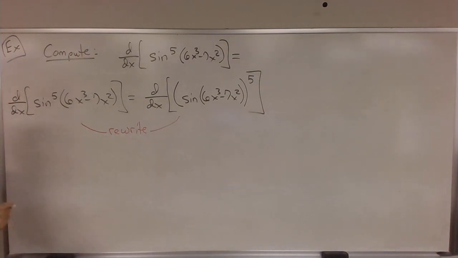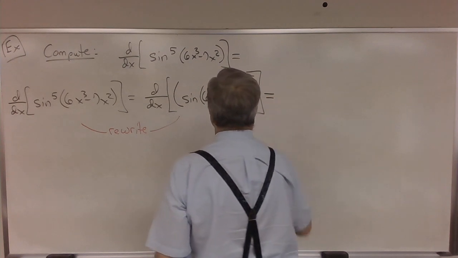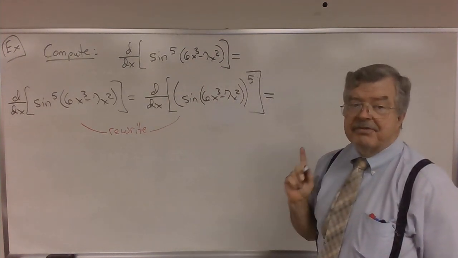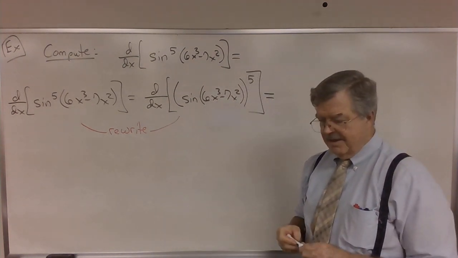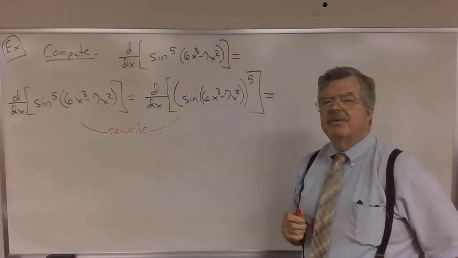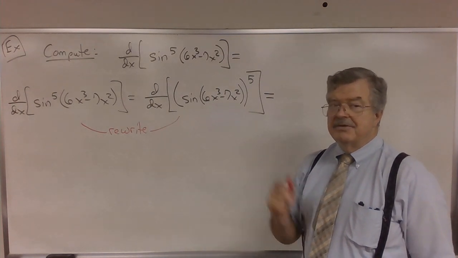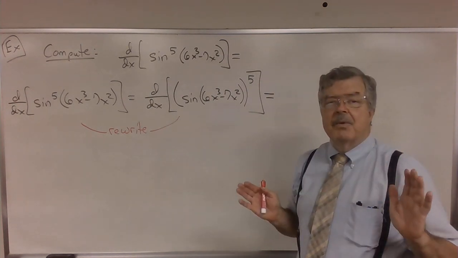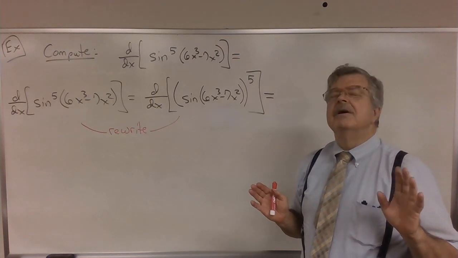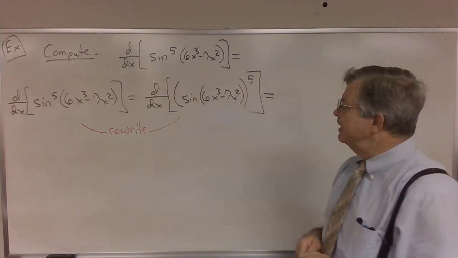This is what we're really looking at. It's the composition of three functions. And so we use the technique that we used a little bit earlier in this lecture and in the previous lecture when we have the composition of more than two functions.